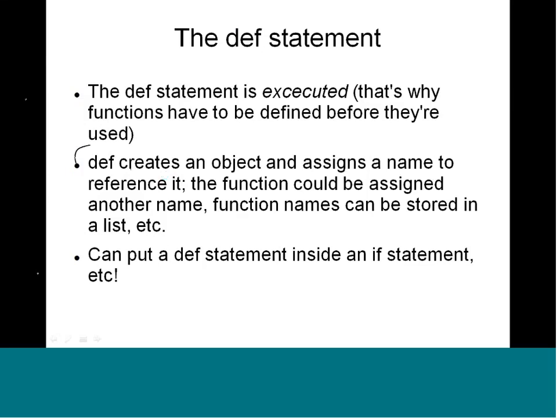When def gets executed, it creates an object and assigns a name to reference it. The function could be assigned to another name. The function names can be stored in a list, etc. And we can put a def statement inside an if statement, and it can be nested, and it's all okay.